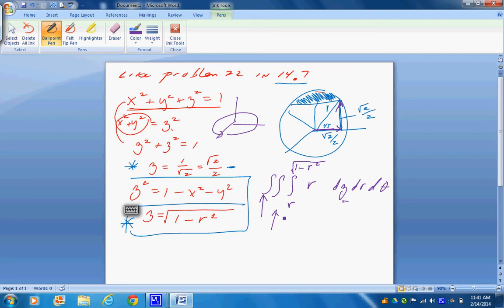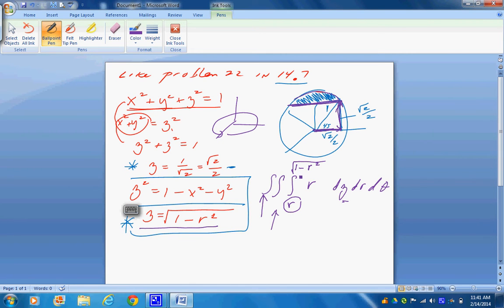So where am I getting that from? Well, first, the lower limit is whatever my r happens to be, which also defines what my z is. The second is that I know that z is equal to the square root of 1 minus r squared by my substitution. So this should give me the lower limit of my z up to my upper limit.